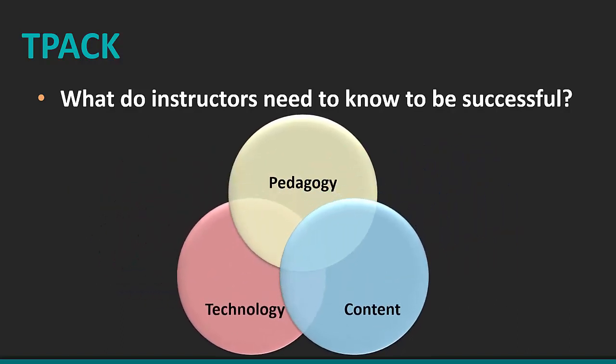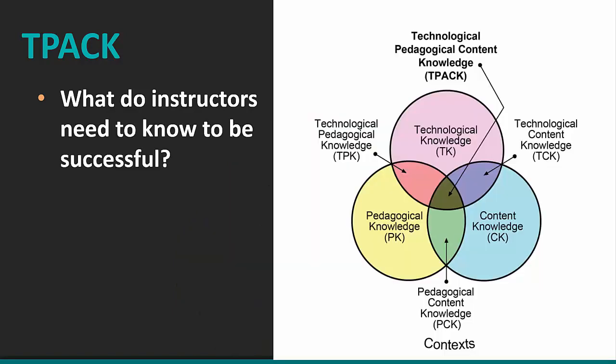We usually see the TPACK model represented as a Venn diagram that has overlapping areas. And it's a little bit more complex than what I have up here on this slide. You've probably seen it, maybe, something like this. And in this particular diagram, you can see the overlapping areas. Each are critical to represent how there are interactions between each of these different domains.